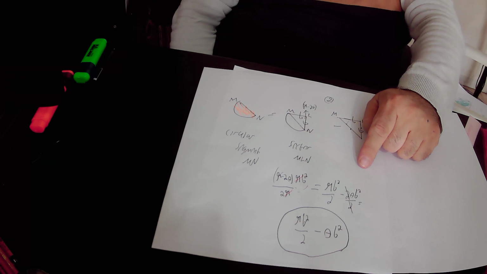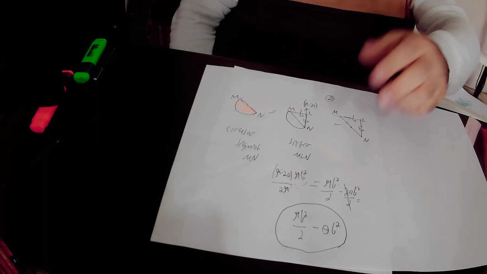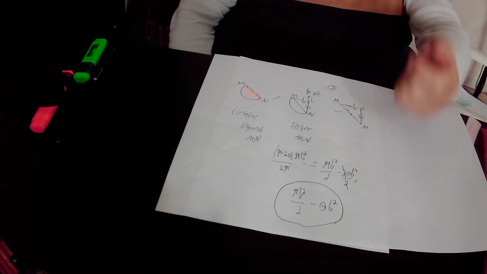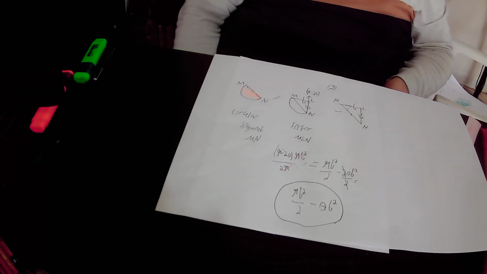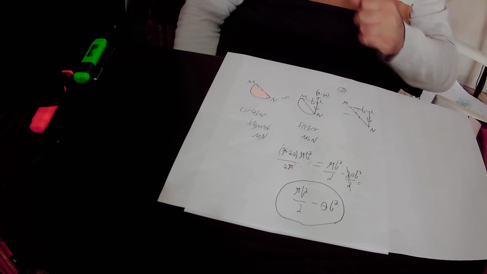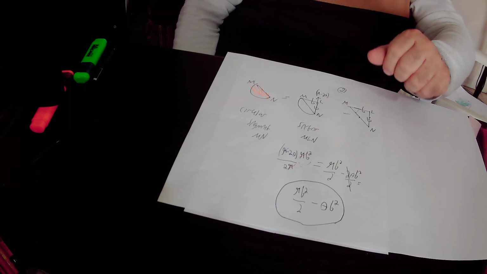In conclusion, we found that the area is pi b squared minus 2 theta b squared over 2. It is not the area of the lower circular segment, but the area of the sector only. We have to subtract also the area of the triangle, but we'll deal with the triangles later.